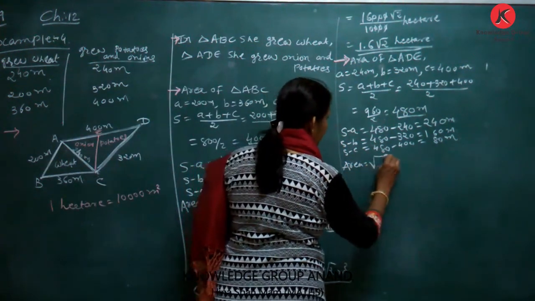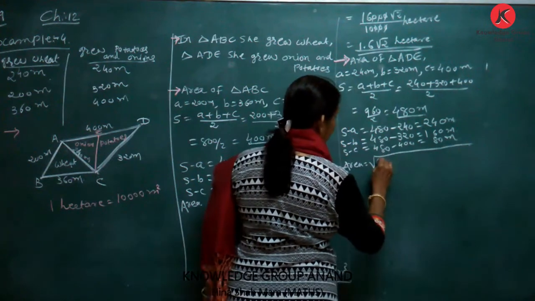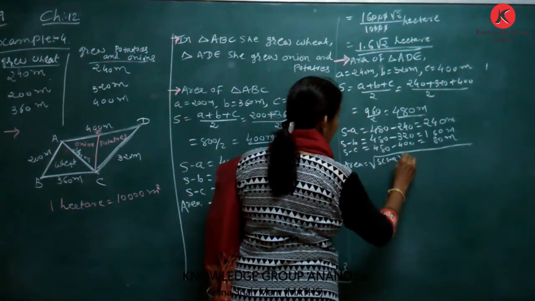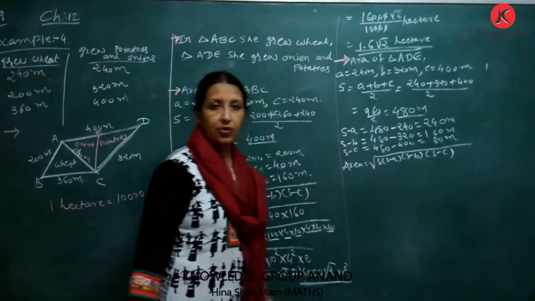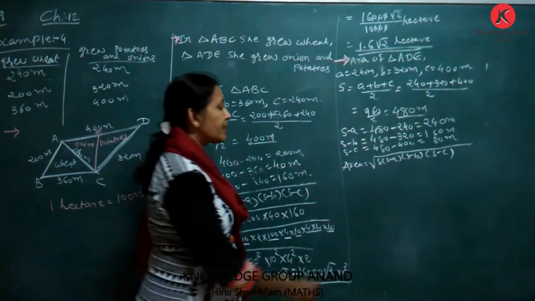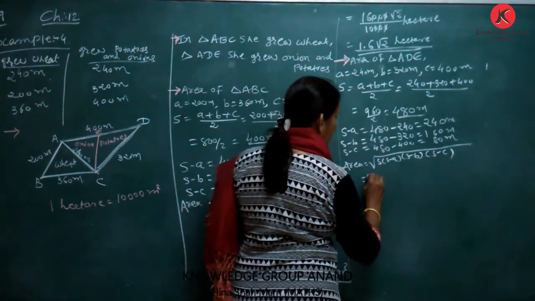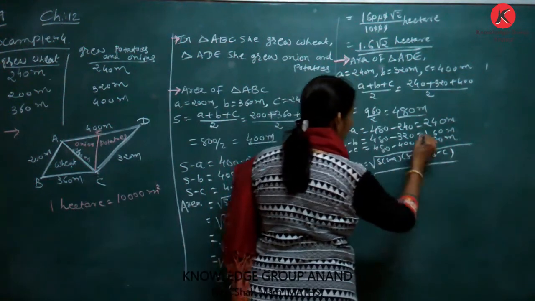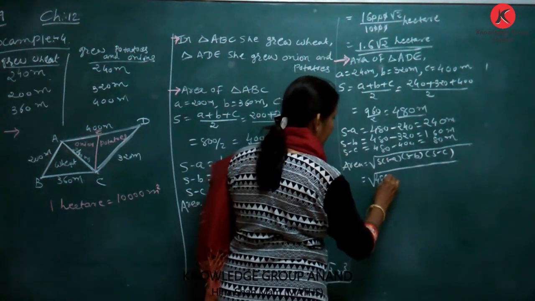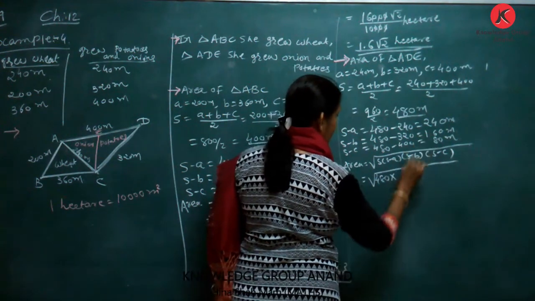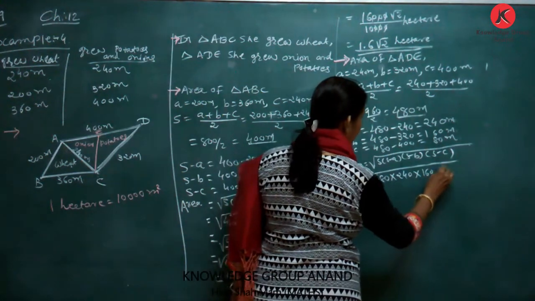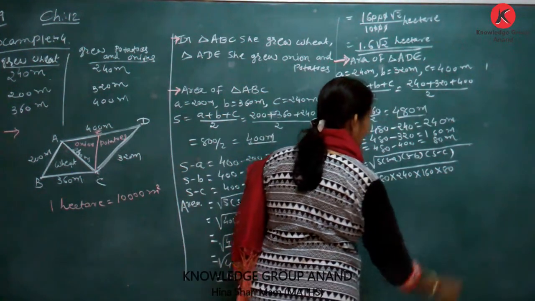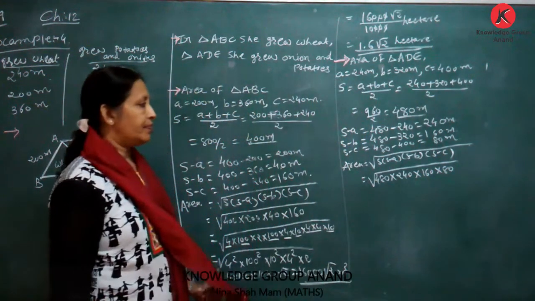Area is equals to under root S into S minus A, S minus B, S minus C. We know this formula. Now, putting the value, S is equals to 480 multiply S minus A 240, S minus B 160 and here 80.